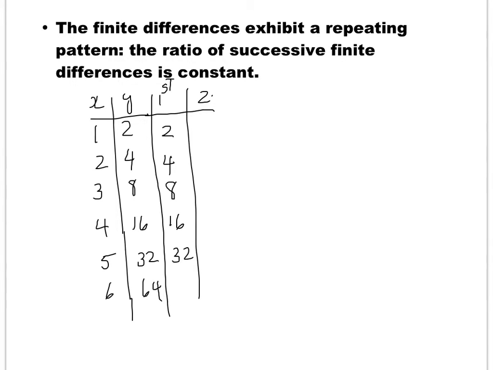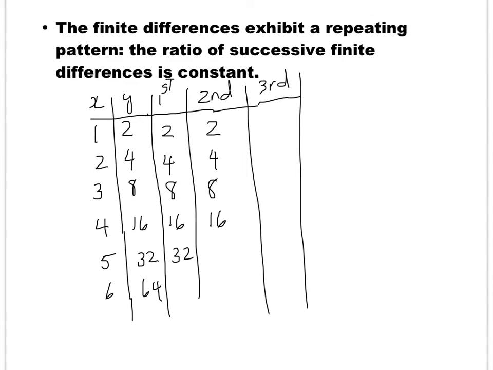The second differences are 4 minus 2 is 2, 8 minus 4 is 4, 16 minus 8 is 8, 32 minus 16 is 16. If we continue this way, the third differences are 4 minus 2 is 2, 8 minus 4 is 4, 16 minus 8 is 8.